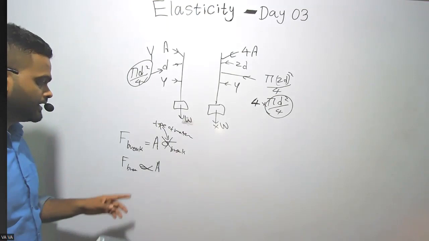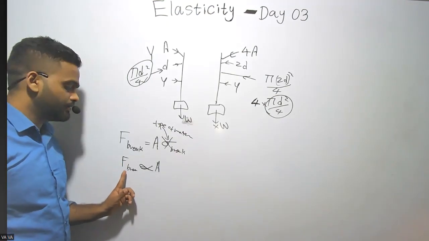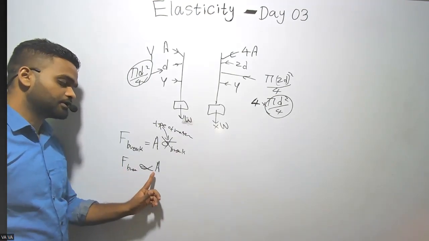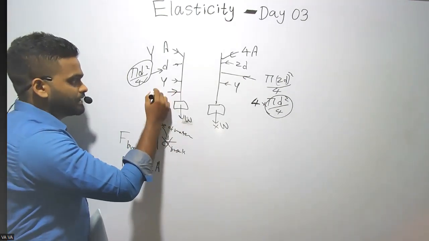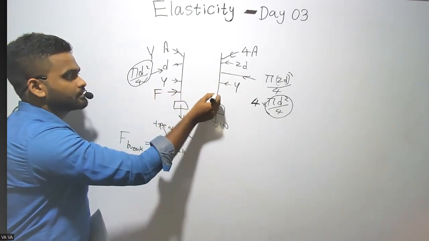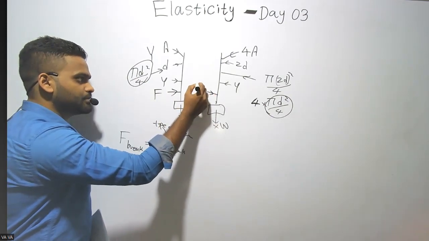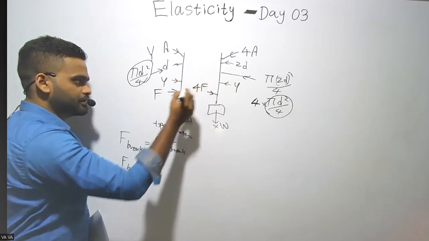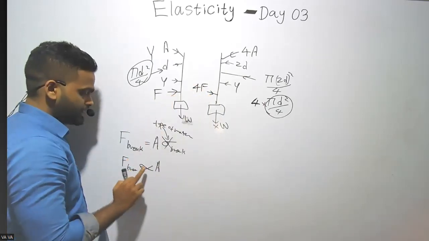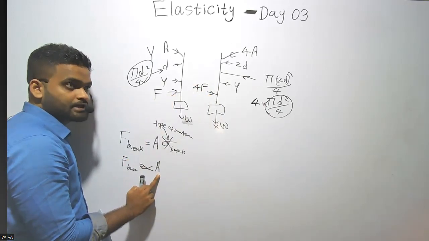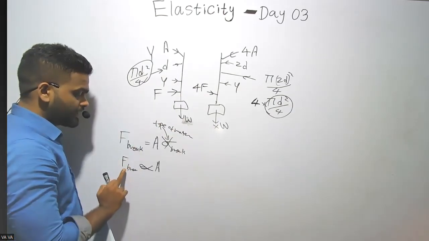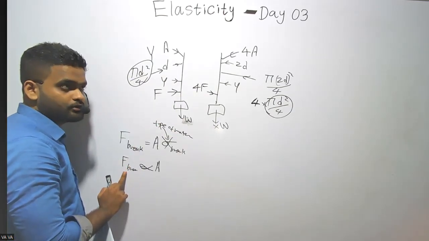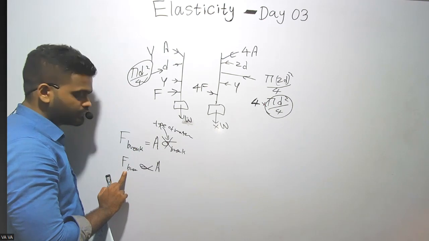Since F break is proportional to A, if the maximum force that can be applied here is F, here the maximum force should be 4F. If the cross section is 4 times for the second wire, the force required to break it also should be 4 times.